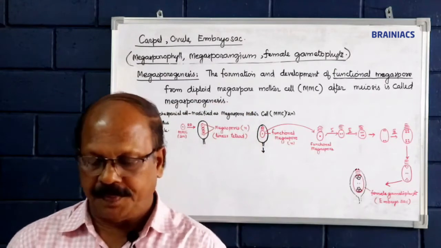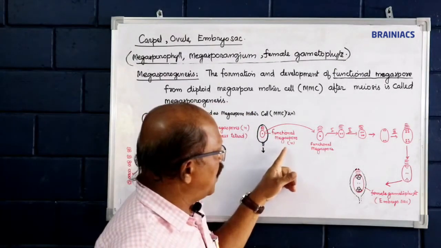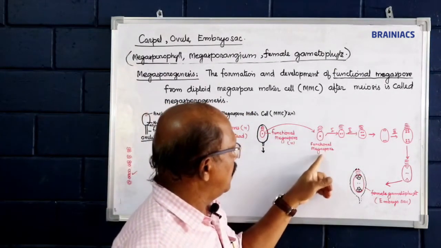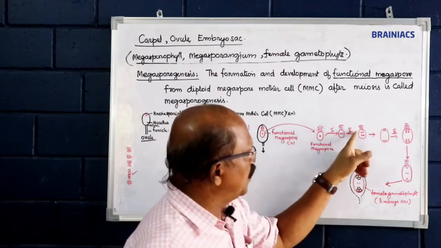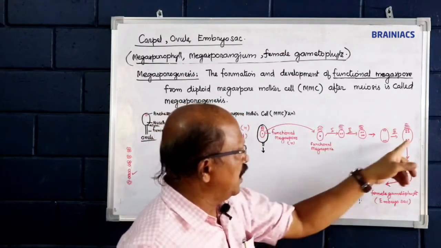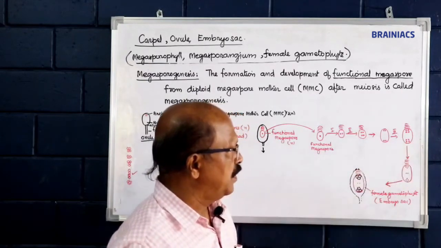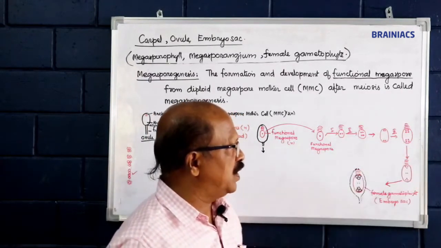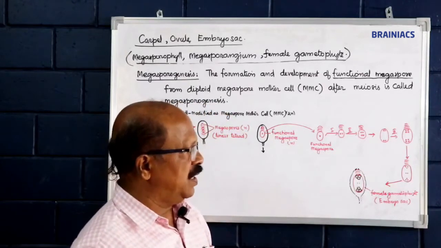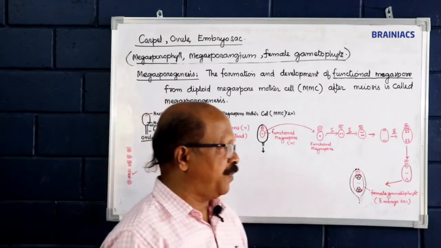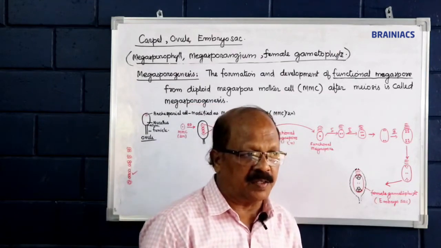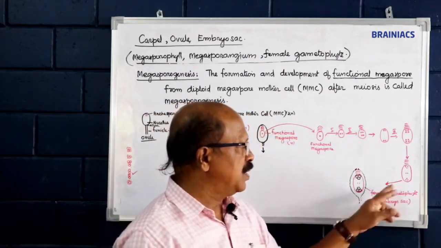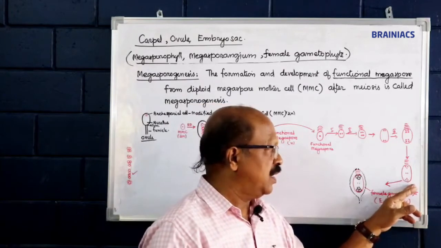See the functional megaspore: 3 successive divisions, 1, 2, 3, resulting in the 8 nucleated condition, 4 each on the opposite poles. As per the production of the number of nuclei, the megaspore becomes large in size and it becomes the female gametophyte.